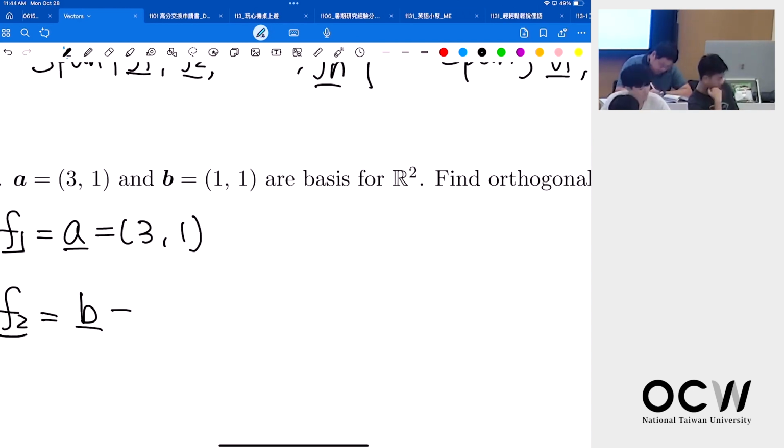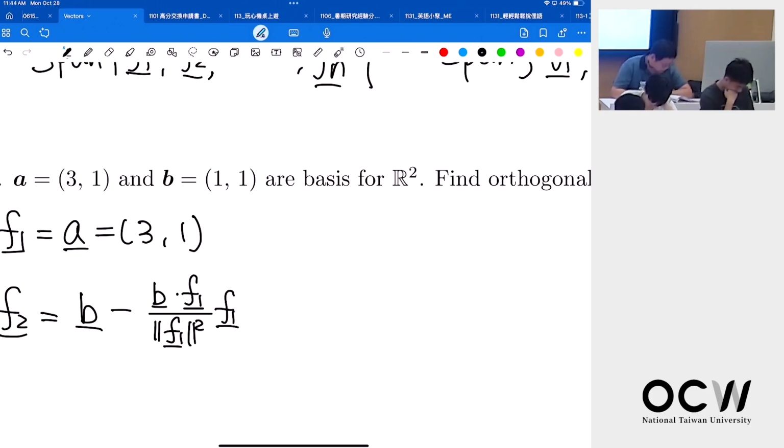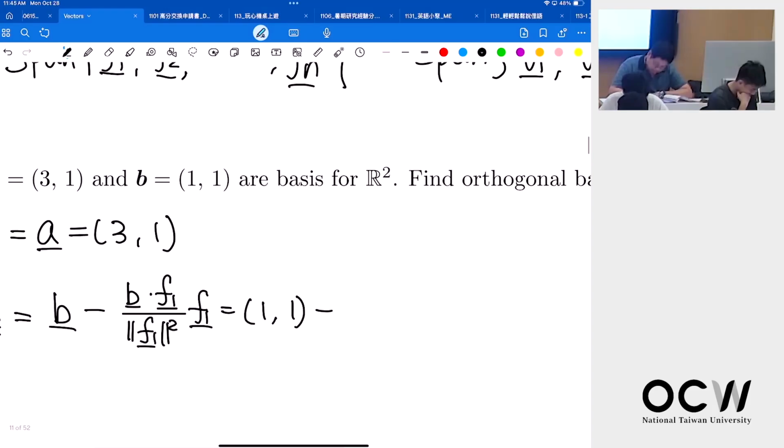So here, B minus the projection of B on F1, which is (1, 1) minus 4 over 10 times (3, 1).